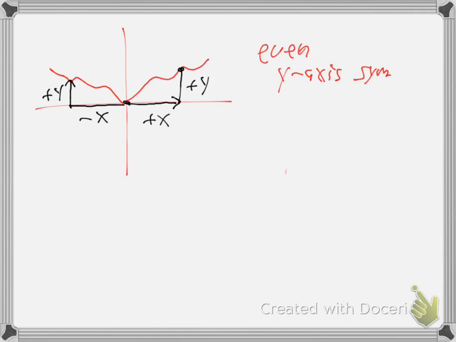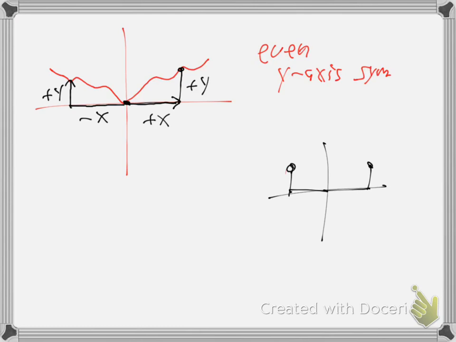If I'm on some graph and I go right some amount and left the same amount, and I go up, I better hit the graph at the same height. That's what it means to be the same on the right and the left of the y-axis.